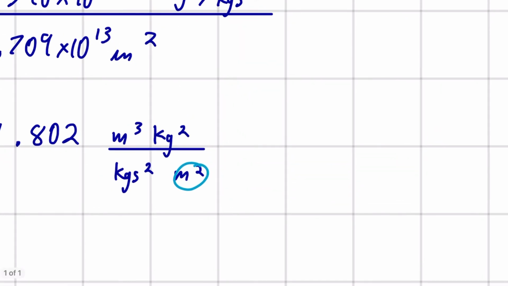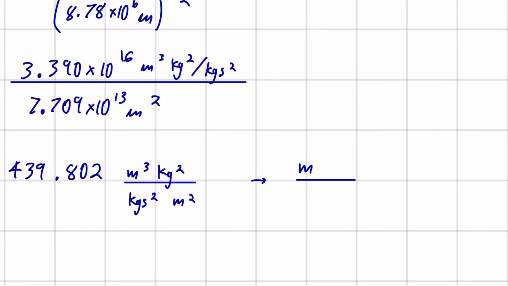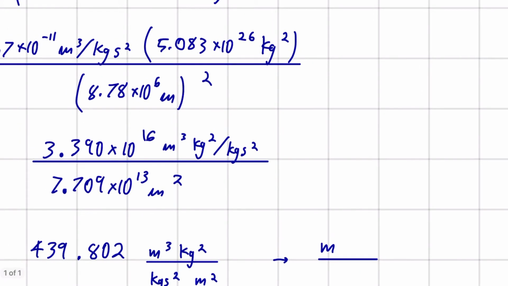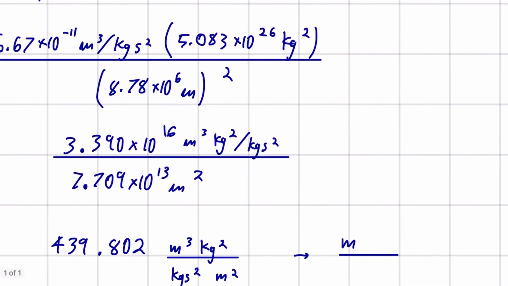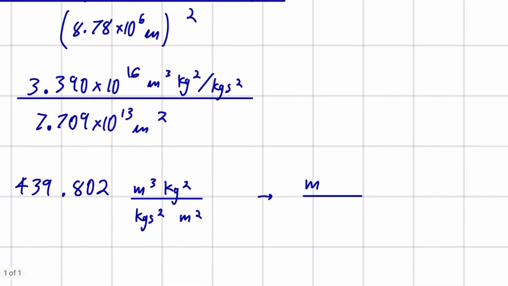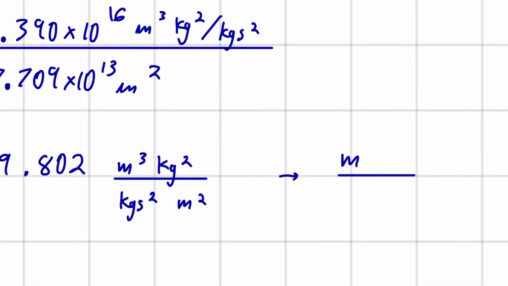So what cancels out here? We have meters, these meters squared cancels out with, so we have meters squared here and a meters cubed here. So that's going to leave us, I'm going to rewrite the units we have. We have a meters on the top. And I did make another mistake. This kilogram, oh, nope, that's all good.